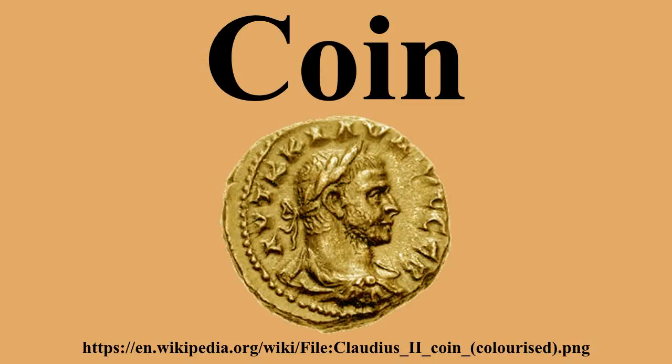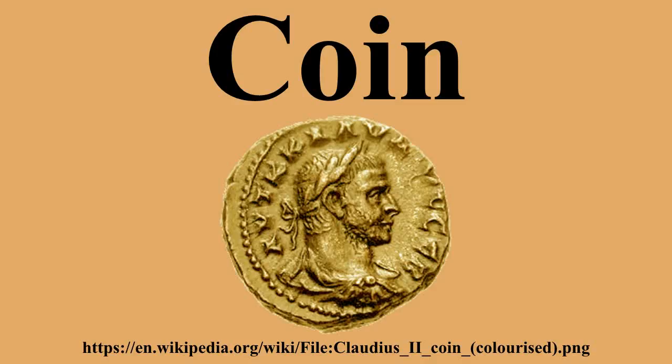Debasement. Throughout history, monarchs and governments have often created more coinage than the supply of precious metals would allow if the coins were pure metal. By replacing some fraction of a coin's precious metal content with a base metal, the intrinsic value of each individual coin was reduced, allowing the coining authority to produce more coins than would otherwise be possible.